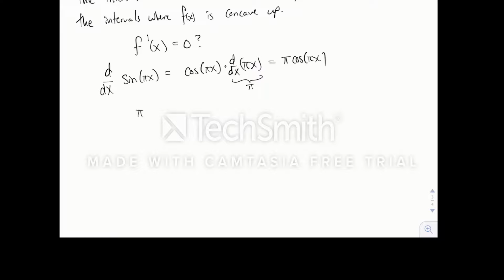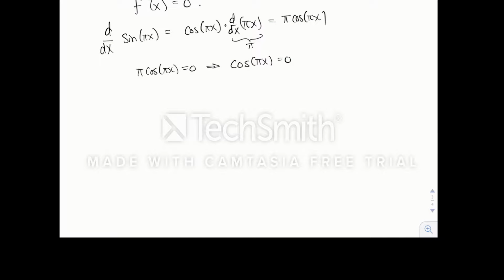So we have pi cosine of pi x equals 0, which means if we divide both sides by pi, we have cosine of pi x equals 0. So when does cosine equal 0 becomes our question.